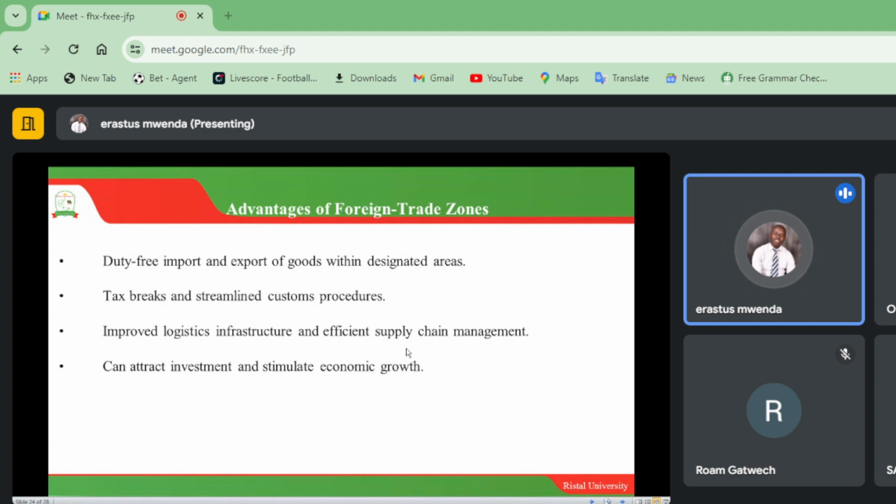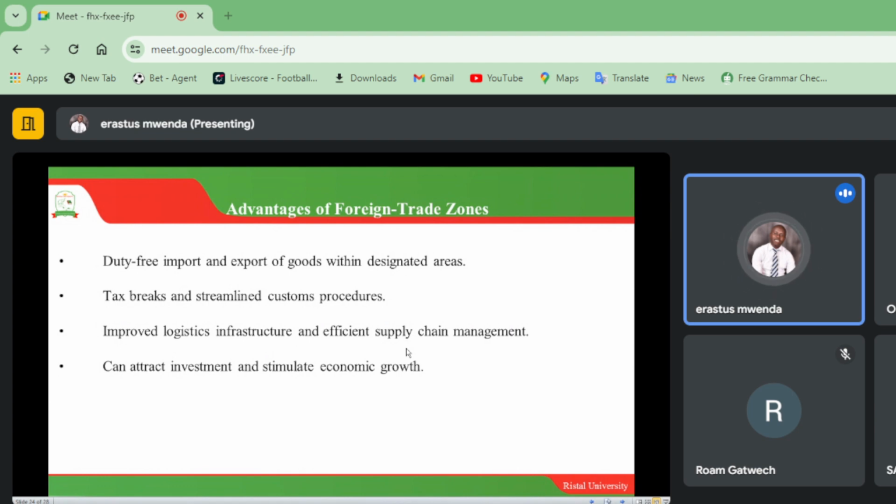And when they form trading blocks, these trading blocks have benefits in terms of trade that they enjoy. For example, in East Africa, we have the COMESA, we have the EAC, East African Community. Countries within that would be able to lessen trade barriers, and that is advantageous to everybody that is trading within those countries. Tax breaks and streamlined custom procedures.